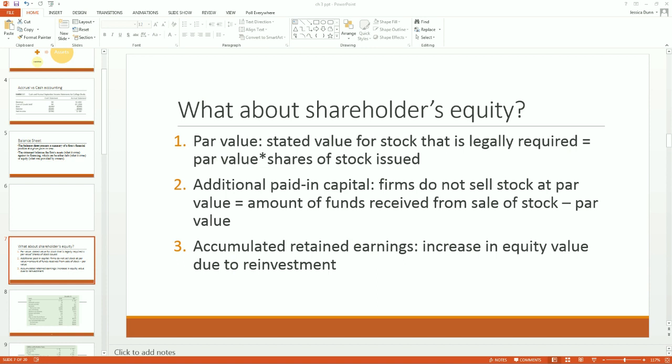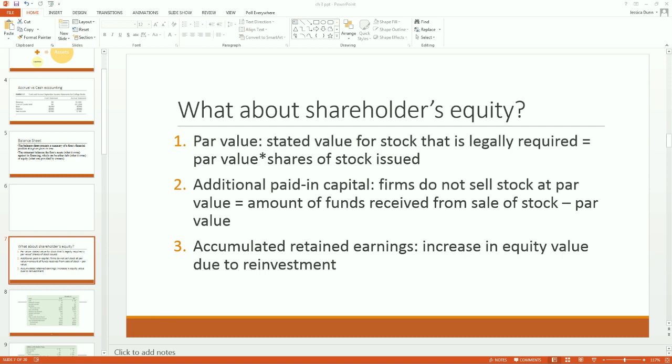So what about shareholders' equity? Shareholders' equity is divvied up into 3 different categories. First is par value. Par value, this is the stated value for stock that is legally required. Par value is calculated as the par value of the stock times the number of shares of stock issued, and that's how it will be listed on your balance sheet. It is interesting because the par value is not really related to anything.